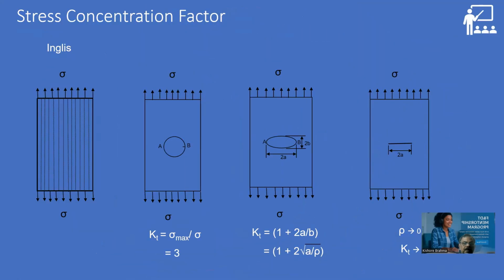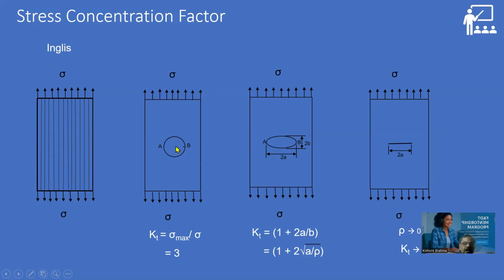Inglis found the solution for a plate containing a circular hole, and that solution is not directly applicable to fracture. Consider a plate subjected to a remotely applied stress sigma at far field. If it is in equilibrium, the stresses at any point will be equal to sigma.